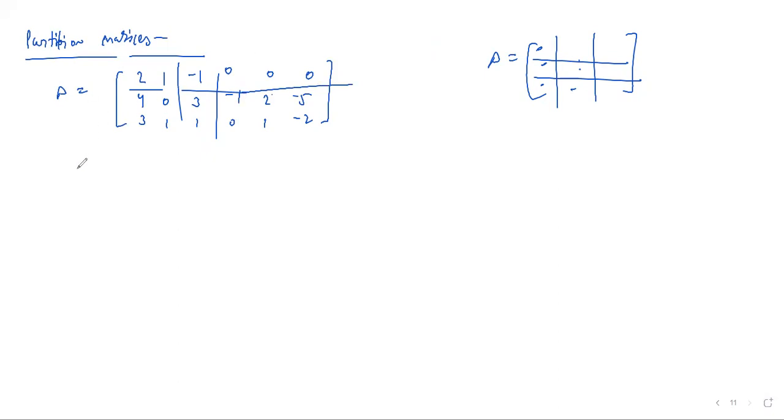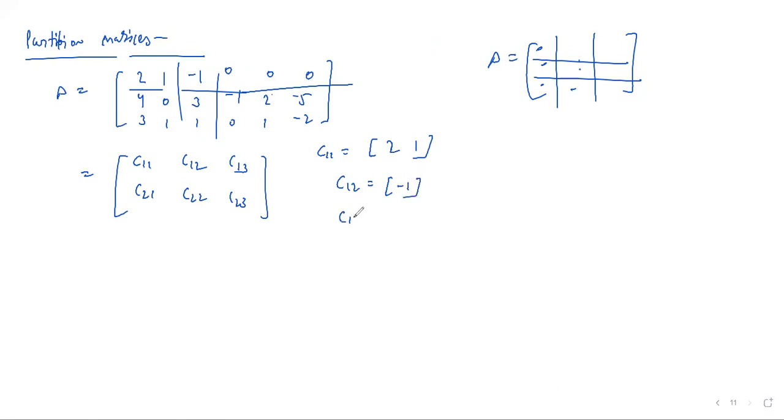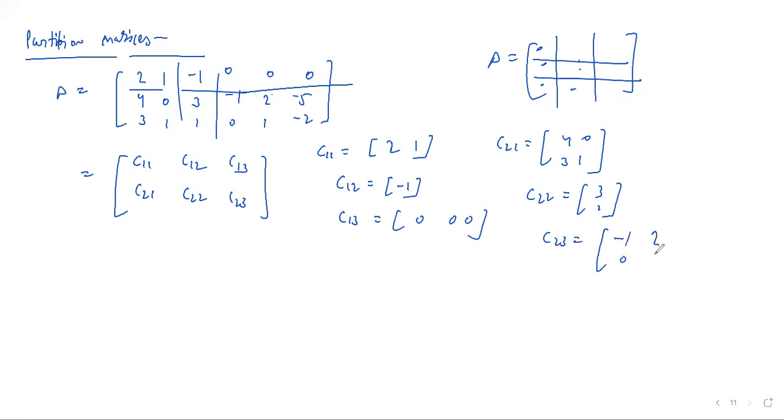So let's partition this matrix like this, as I have already done. I can write this matrix as C11, C12, C13, C21, C22, C23, where C11 is 2 1, C12 is minus 1, C13 is 0 0 0, C21 is 4 0 3 1, C22 is 3 1, and C23 is minus 1 0 2 1 minus 5 minus 2.